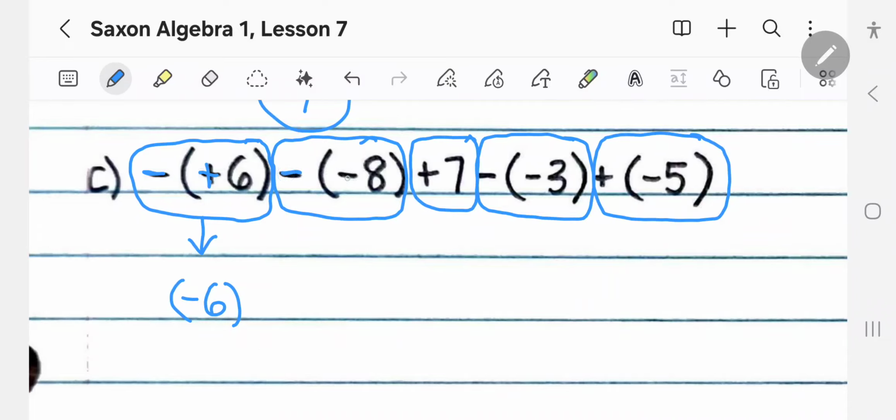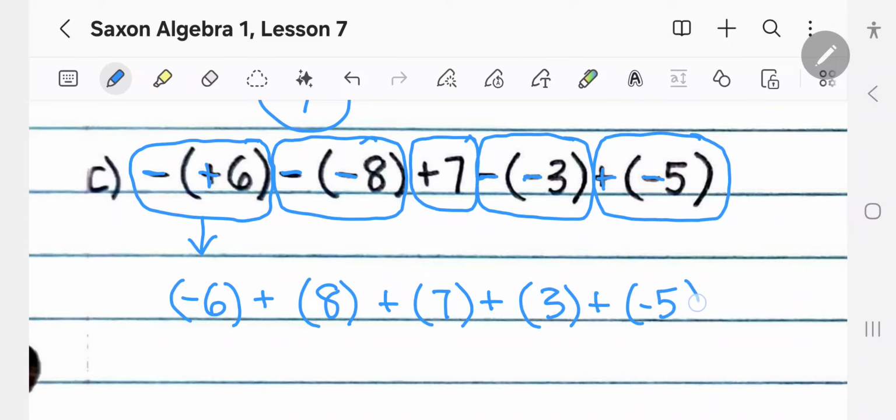I have the opposite of negative 8, which would be, insert a plus sign, positive 8. Insert a plus sign. This is just positive 7. Here, insert a plus sign. I have the opposite of negative 3, which is positive 3. Insert a plus sign. I have adding a negative 5, which is a negative 5.